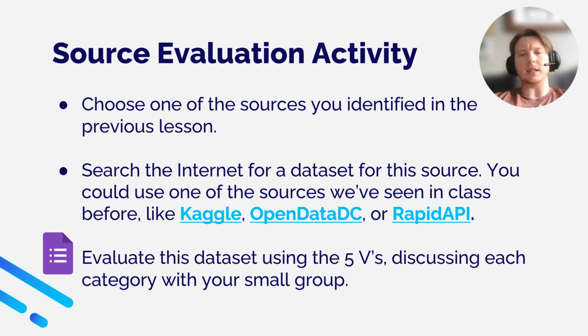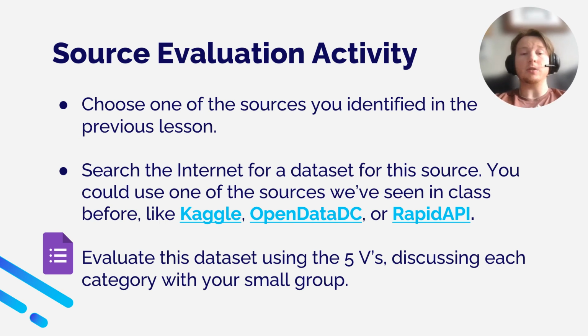Kaggle, OpenDataDC, and Rapid API are all decent databases that students might use to find a data set in one of these topics. Some students will just go ahead and Google it and see what comes up. That's generally okay too, but you may want to sort of vet some of their sources as you go around. They will have opportunities to sort of find a better one as we go through this unit.